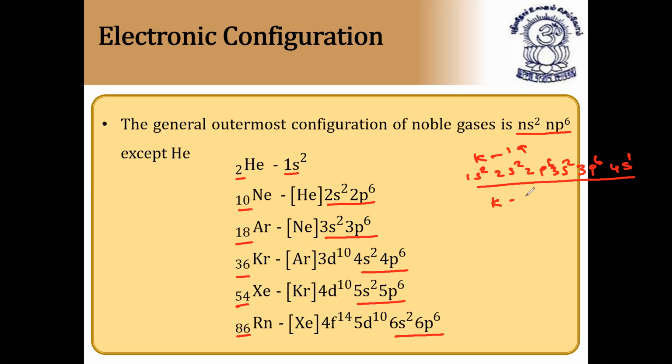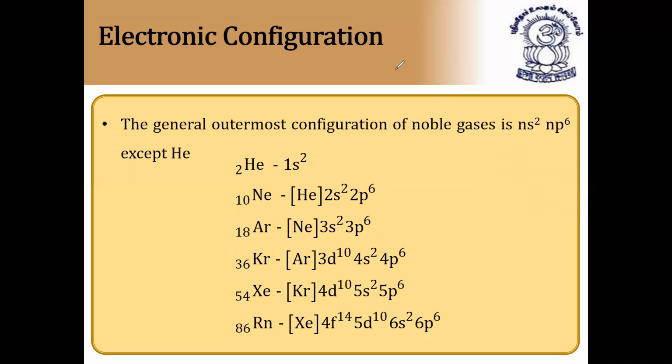So we can write it in inert gas configuration, that is, argon 4s1. Argon 4s1 represents 18 plus 1, 19. Like that, after helium we have 8 electrons in the valence shell in total. So we write helium, neon, argon, krypton, xenon. I hope it is clear. So this is the electronic configuration of noble gases. All the noble gases except helium have 8 electrons in the valence shell.